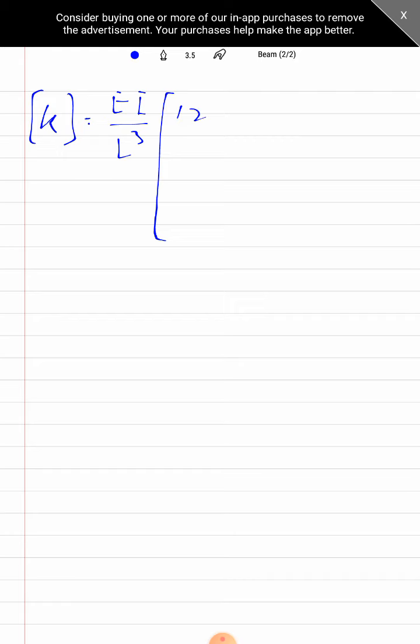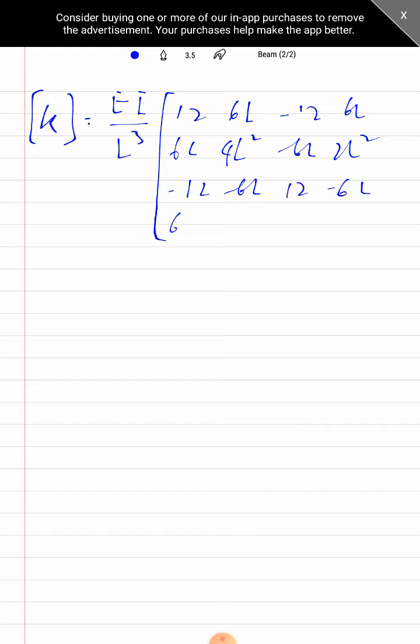So you just need to plug in the value, and then you can get your K. Okay, 12, 6L, negative 12, 6L, and then 6L, 4L square, negative 6L, 2L square, negative 12, negative 6L, 12, and negative 6L, 6L, 2L square, negative 6L, and 4L square. And your L is the length of the element.